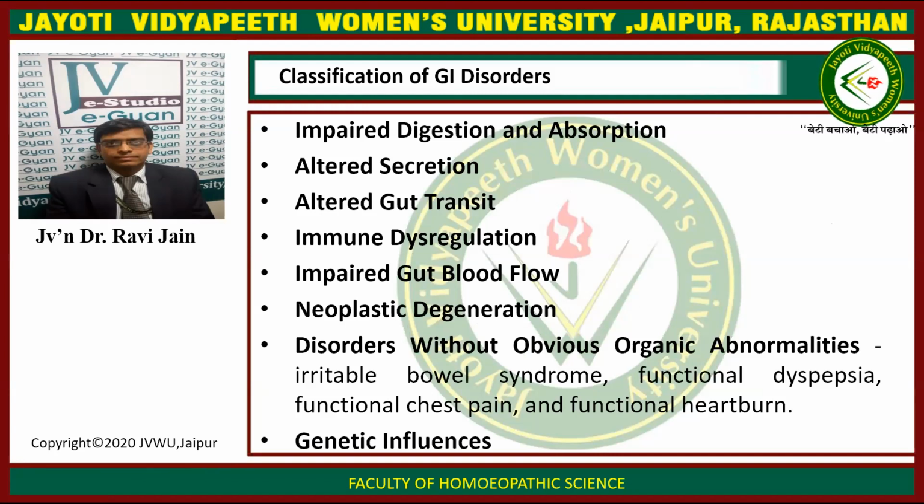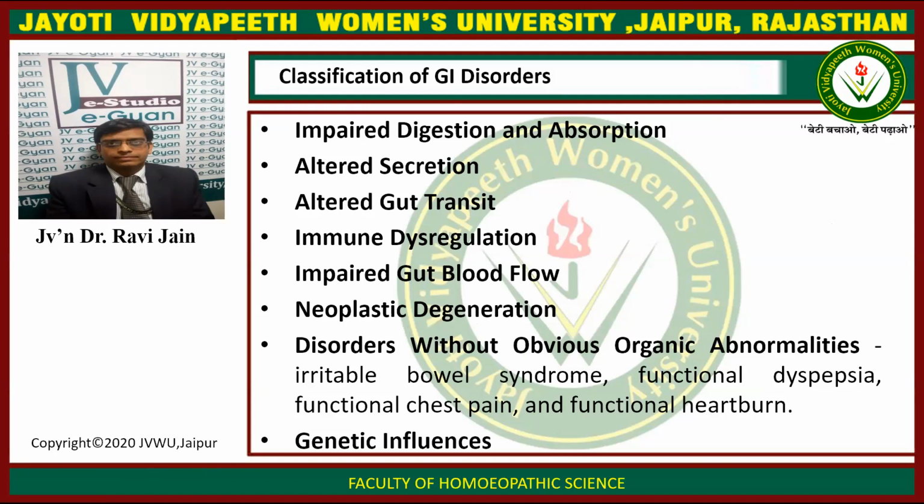Classification of the GI disorders. The gastrointestinal disorders can be classified into multiple forms. This classification is done on the basis of physiology. When the physiological function gets disturbed, the classification is made accordingly.